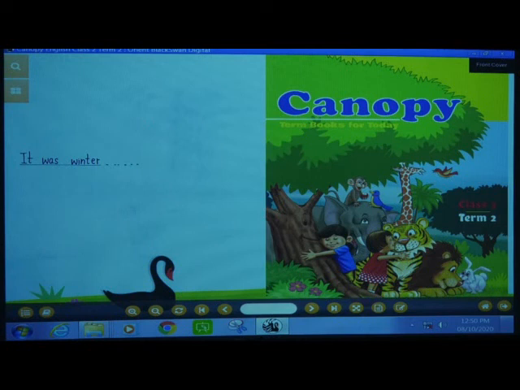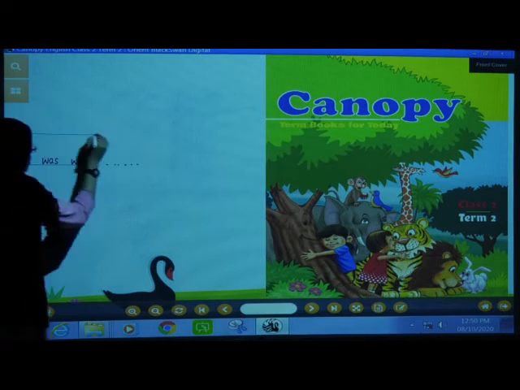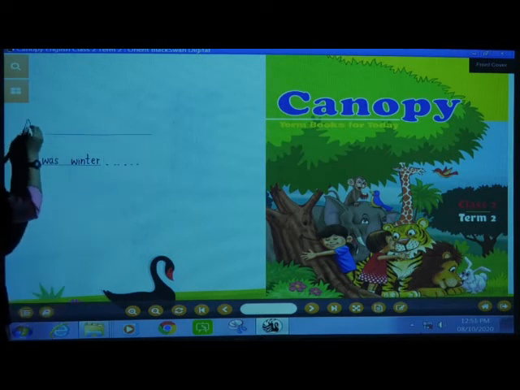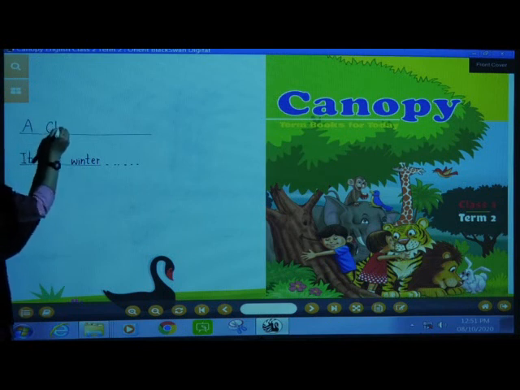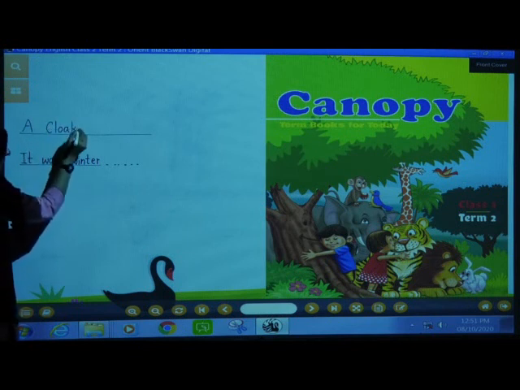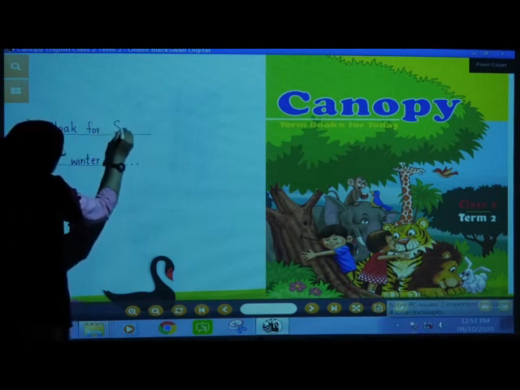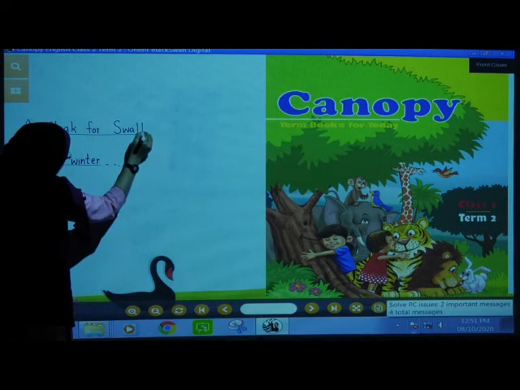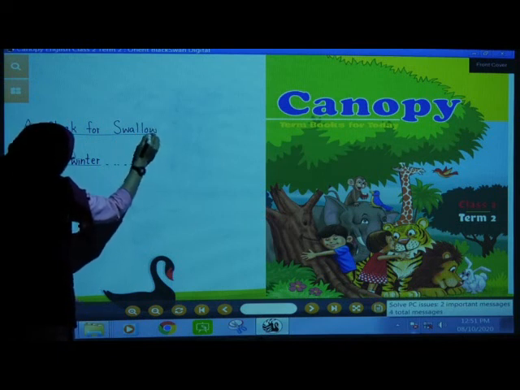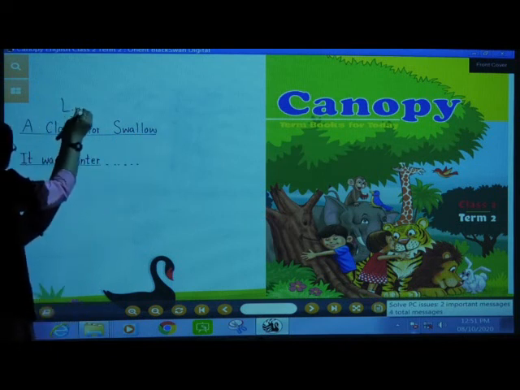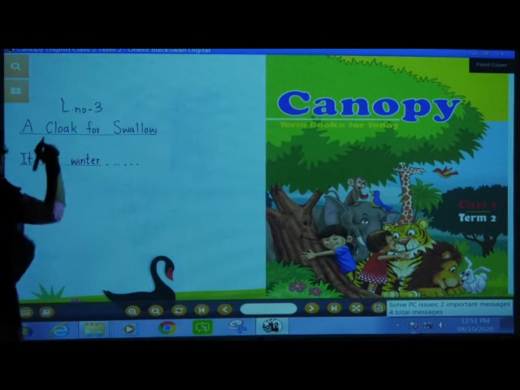First of all, I will write here the name of the lesson. A Cloak for Swallow. Okay, this is our lesson number 3.